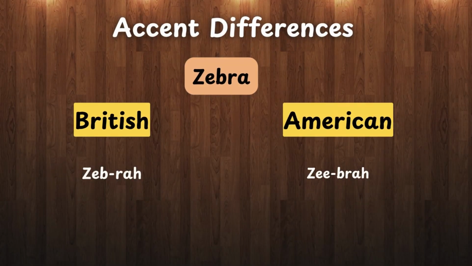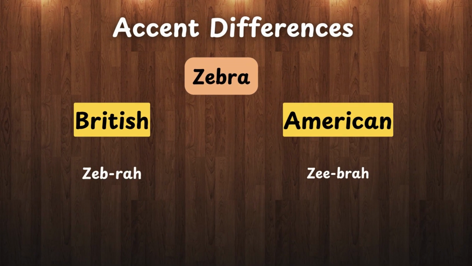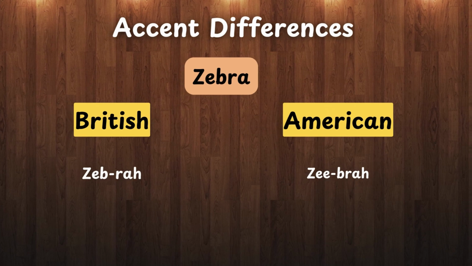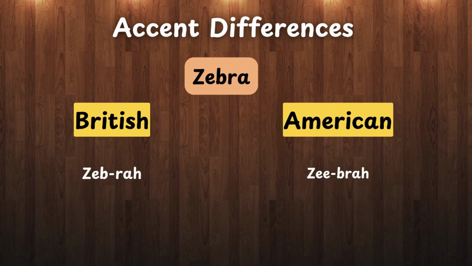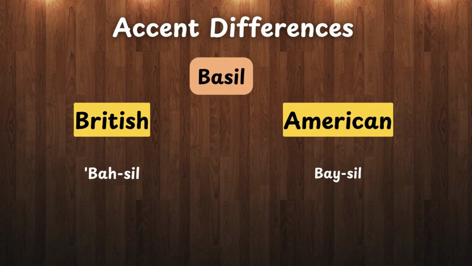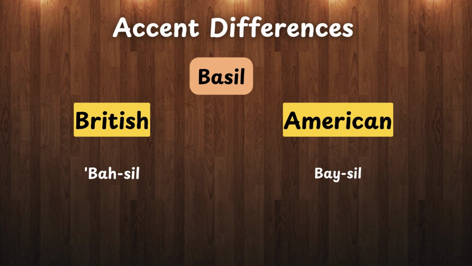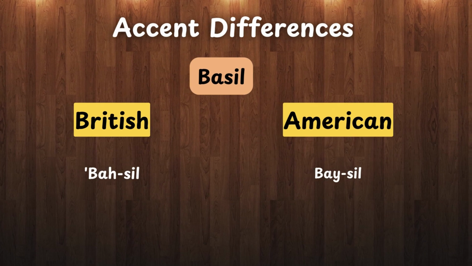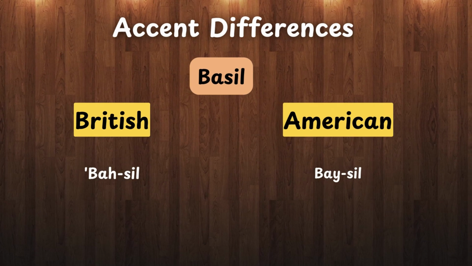British English speakers pronounce this word as zebra, and in American English they say zebra. Next word, British speakers pronounce this as basil, and in American English they say basil.